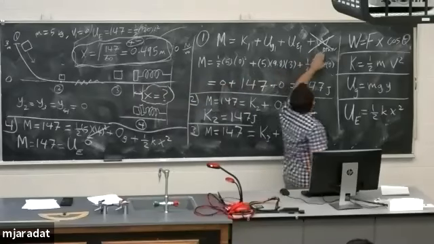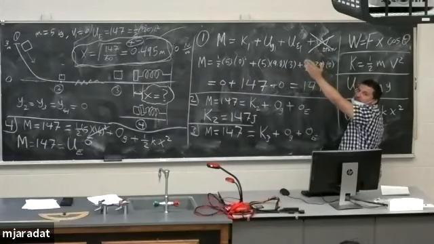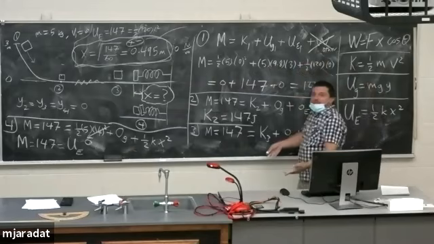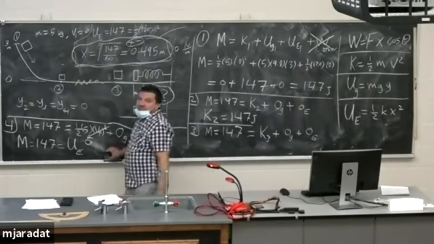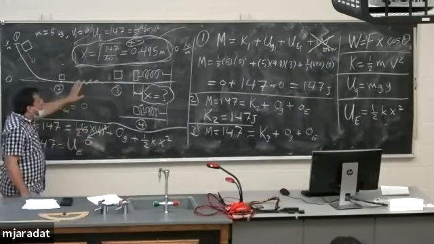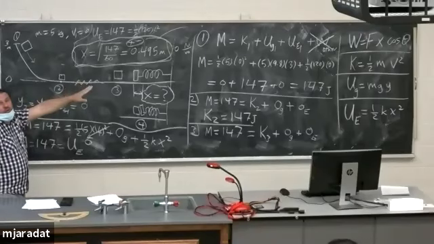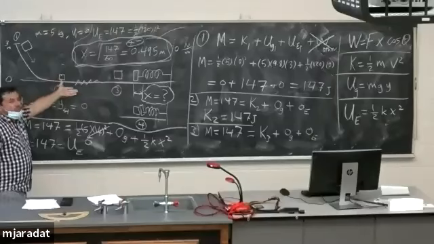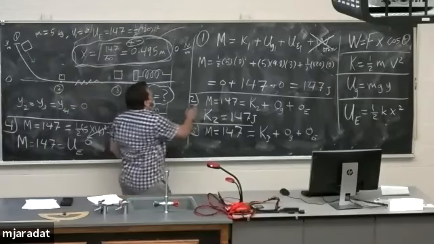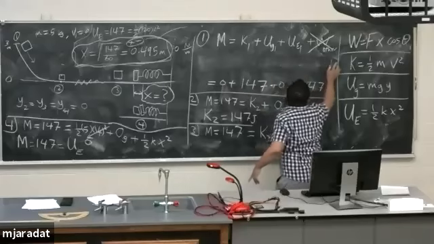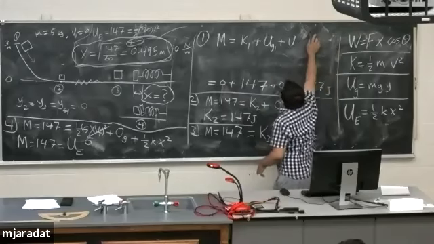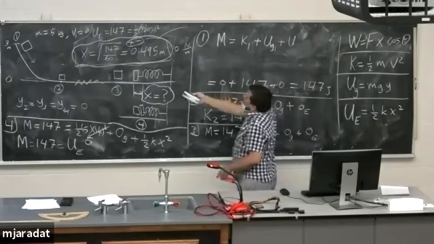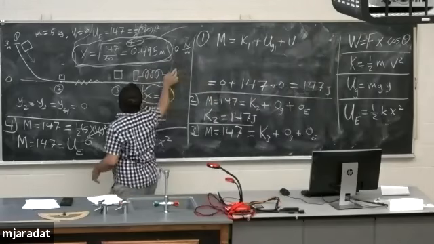I need the work done by the frictional force, just like that. Just one more step. This is physics. There are no difficulties. Just add a new term for any new thing or any new property in your system.